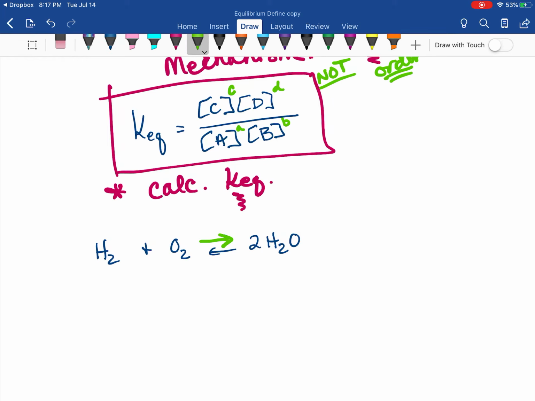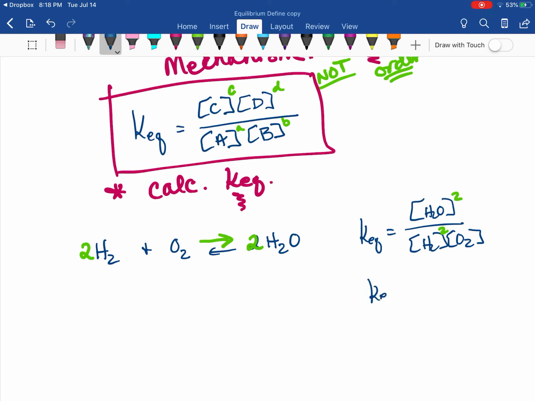Okay, so if we write our reaction in this way, and this is our forward, we're taking hydrogen and oxygen and making water. It turns out that our KEQ for this process then would be our water over H2 O2. Okay, how do we look at that? Add your exponents. I love it.